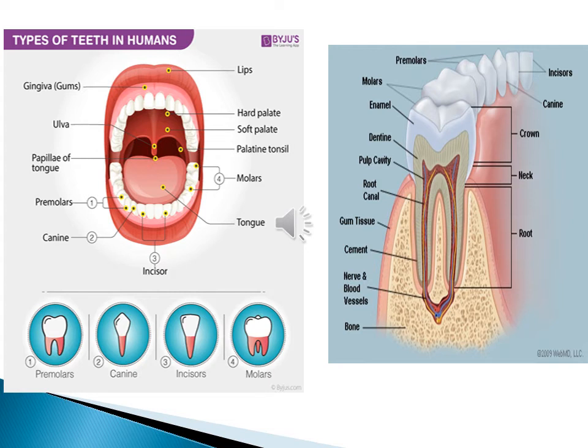In this you have to only learn where the dentine is, where the pulp cavity is and where the enamel is. All others, no need to learn. In this main structure, you should learn only enamel, dentine and pulp cavity.